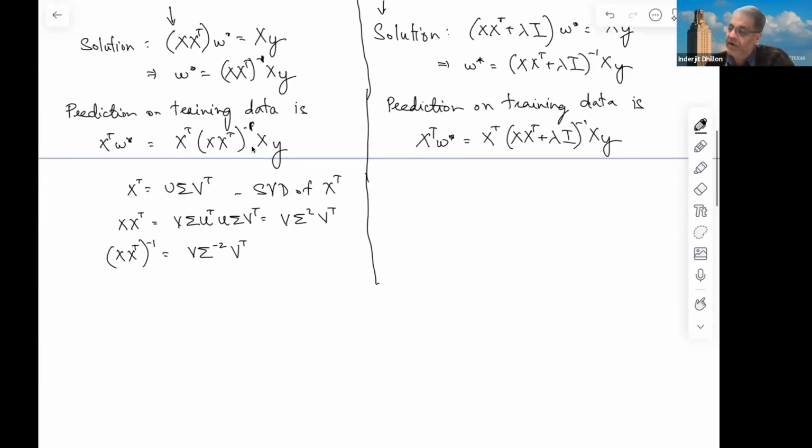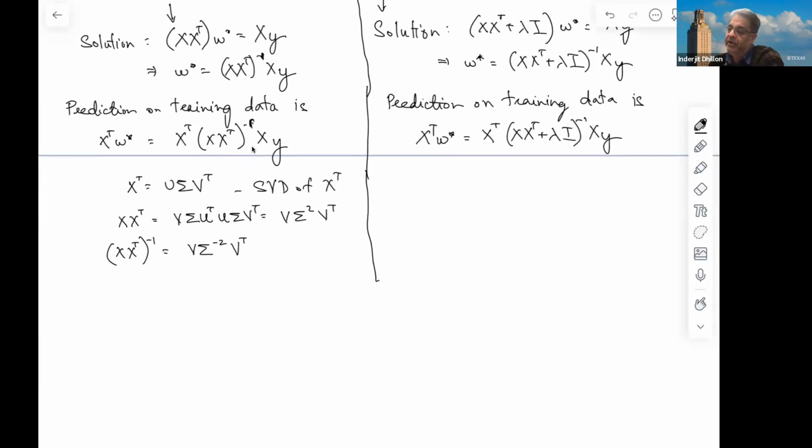Then the prediction, X transpose W star, is X transpose times XX transpose inverse times XY.